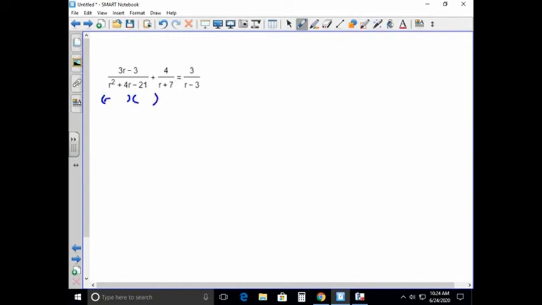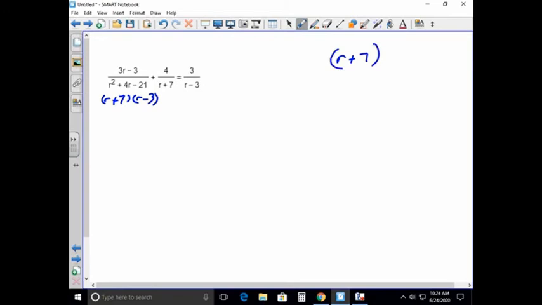So r squared is r times r. Negative 21 has to be a positive times a negative, and that's going to be 7 and 3. 7 times negative 3 is negative 21. 7 minus 3 is 4. So the factors that we need to get rid of on bottom are r plus 7 and r minus 3.